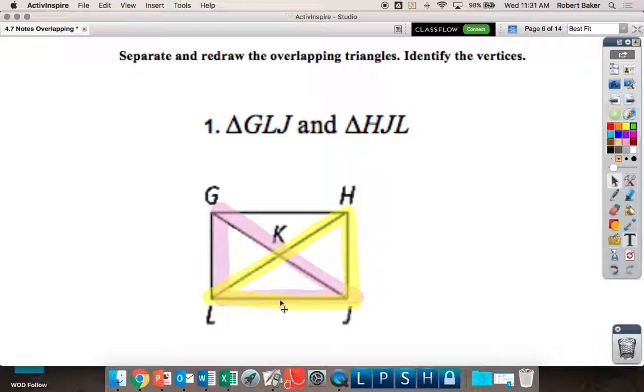Now, if you couldn't get there from the awesome colorful diagram, you could also do this. This one has an L, this one has an L, this one has a J. They share LJ. Different strokes for different folks. Now that you know how easy it could be. Why is it not point K?